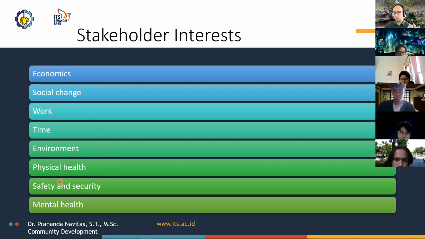So physical health, safety and security, and mental health. The list goes on and on actually, but these 8 or 9 categories of interests are the most common reasons people take interest in an initiative or a program.